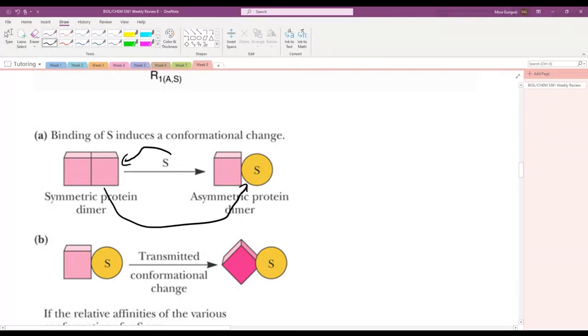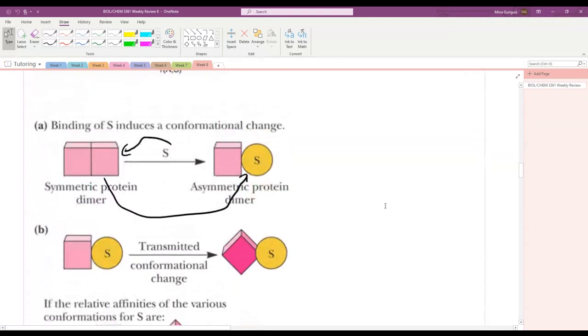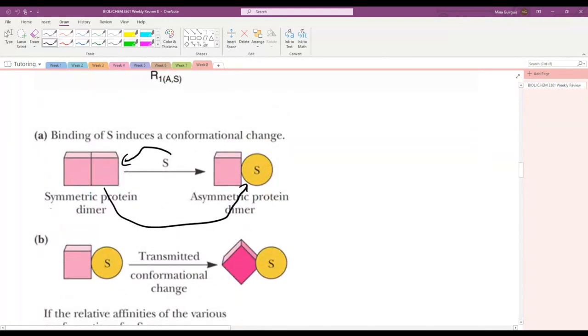Now, that subunit being bound somehow affects the subunit next to it, and we're going to have an example later on where we can talk about how it does that more specifically, but for now, it just changes things. In this case, the change is easy to tell because your square is rotating into a diamond. So this could be something as simple as the substrate binding forcing the two subunits to move relative to each other, okay?